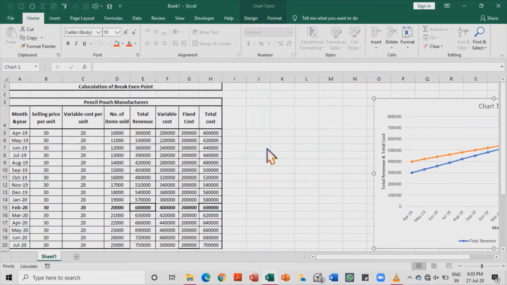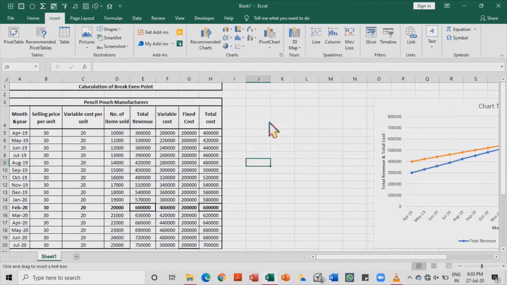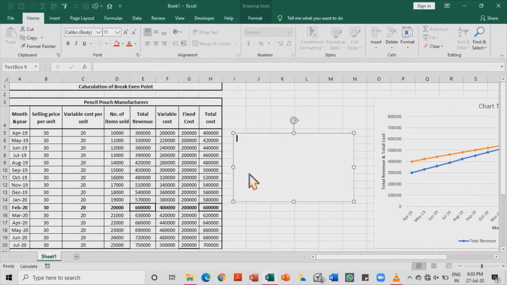That's the point. And is there any formula? Yeah, there is a formula for calculating the break-even point in units, and let's do that. Let me add a text box. Break-even points in units.